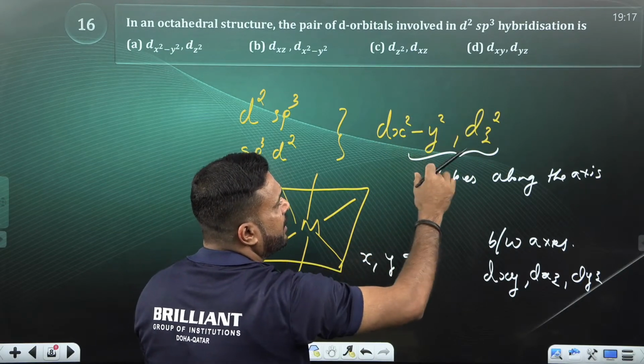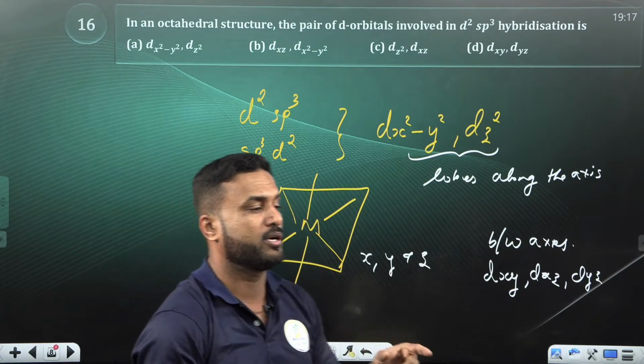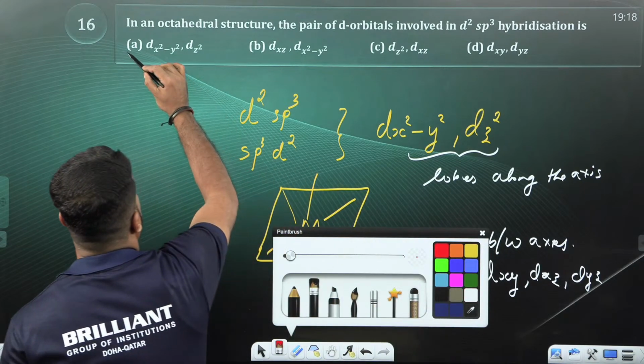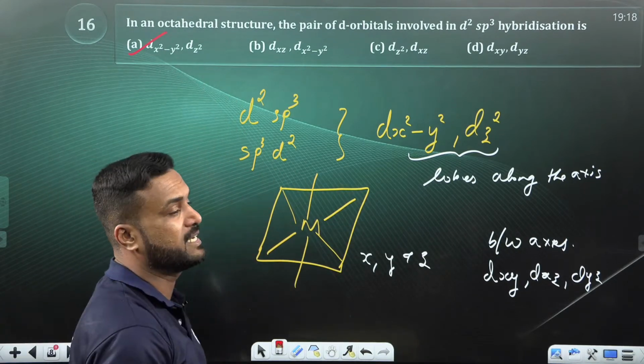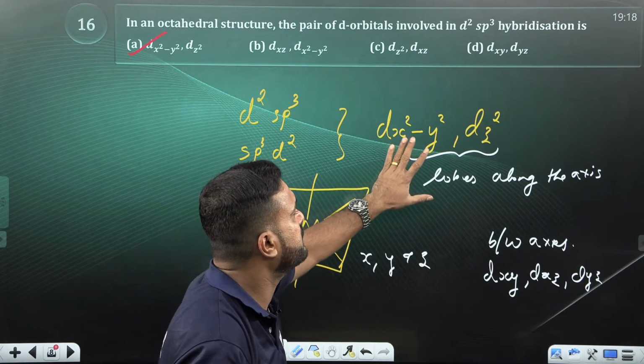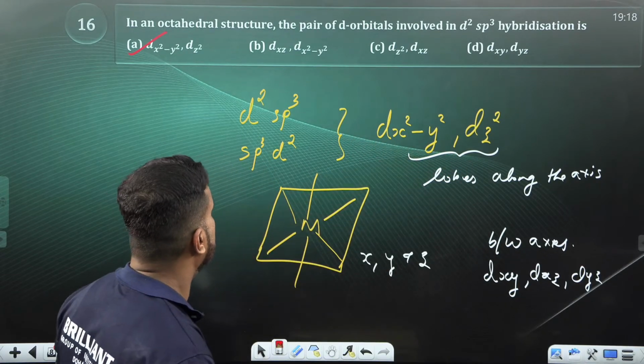That makes maximum overlapping and a stronger bond. So the right option is dx square minus y square and dz square, in both d2sp3 and sp3d2.